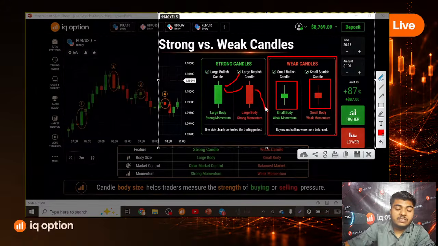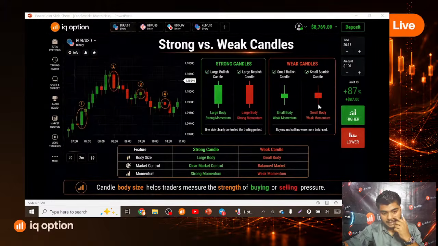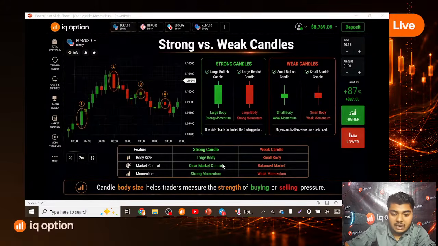Which one is going to take control? So this simply tells us the power of buyers and sellers. And watching these weak candles shows that neither the buyers nor the sellers are in full control. I hope you get it. So in short: large body means market control, small body means weak candles, and strong candles mean market control and also strong momentum.